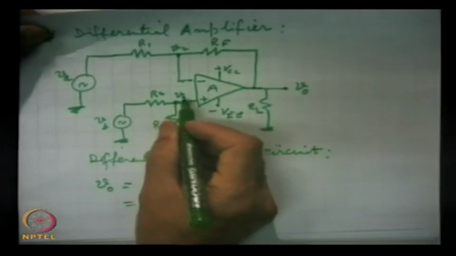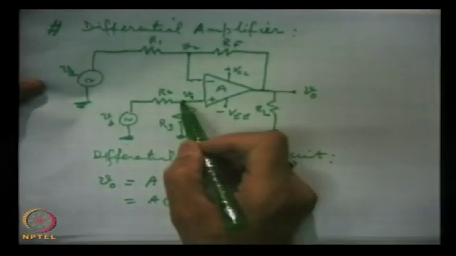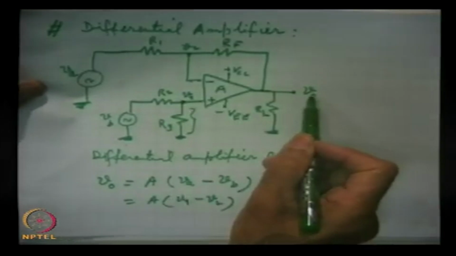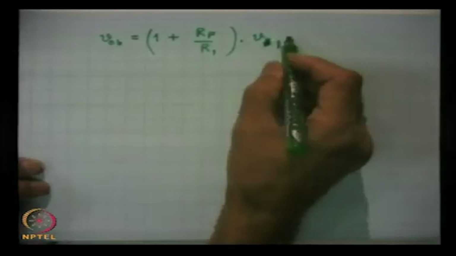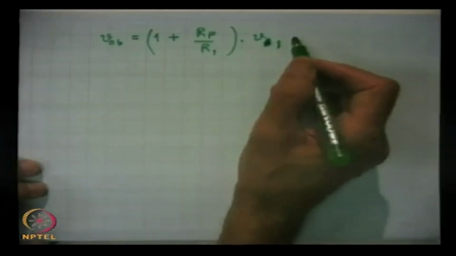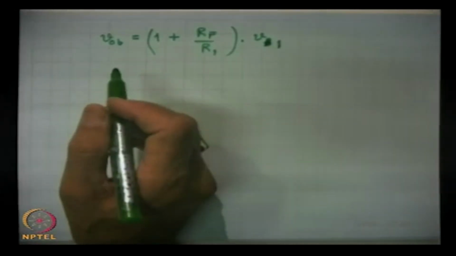This V1, and what will appear at output? This is this, and now we substitute for V1 as we have got here.